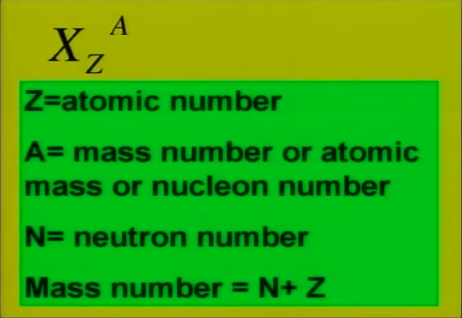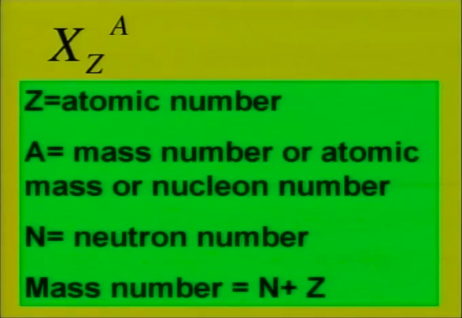Now looking at this, that is for the atomic mass. But then you have the neutron also, and it shows you the neutron number. So when you combine the neutron number plus this number, which is the atomic number, it will give you the mass number.